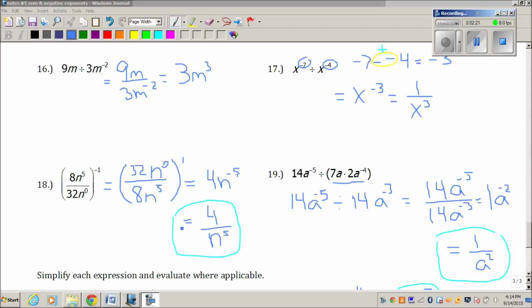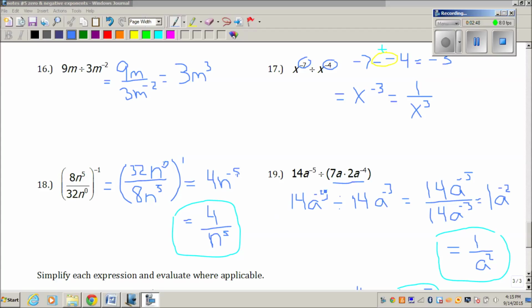Once I take the reciprocal of the base, I can simply simplify the interior. 32 divided by 8 is 4. n to the 0 divided by n to the 5th is n to the negative 5 exponent. Because this exponent is negative, it tells me this has to be in the denominator. I take the reciprocal of n, which is 1 over n to the 5th. So the 4 stays in the numerator and the n is in the denominator.